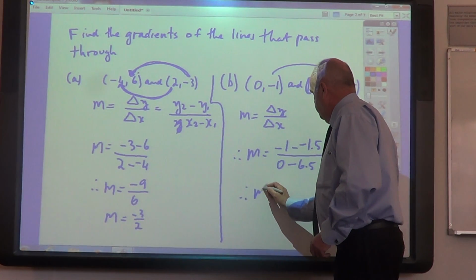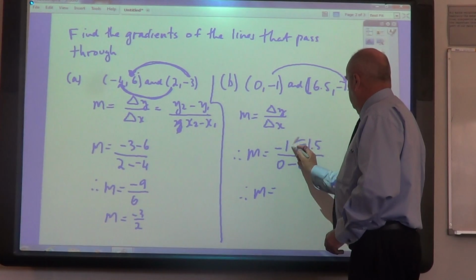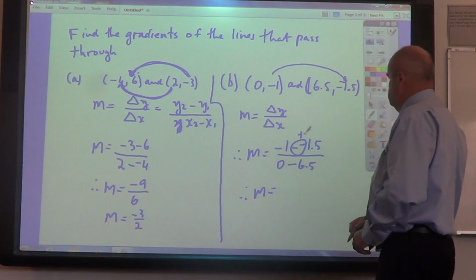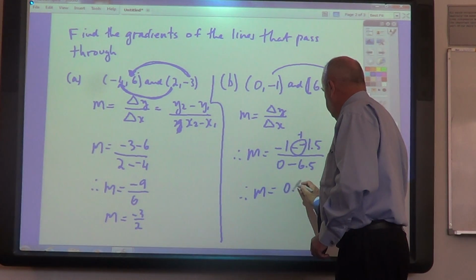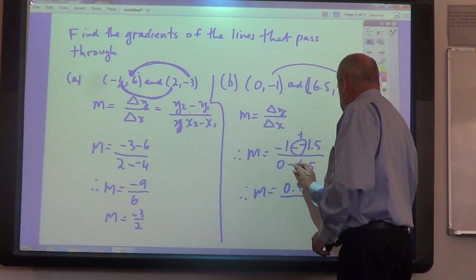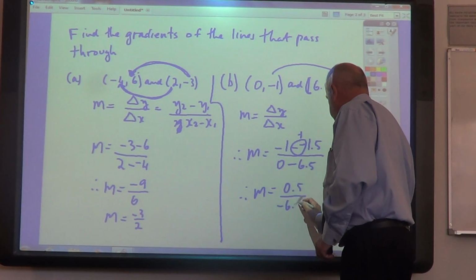Okay, so tidying that up, I get this. Signs together that are the same mean plus. So -1 plus 1.5 is 0.5 over -6.5.